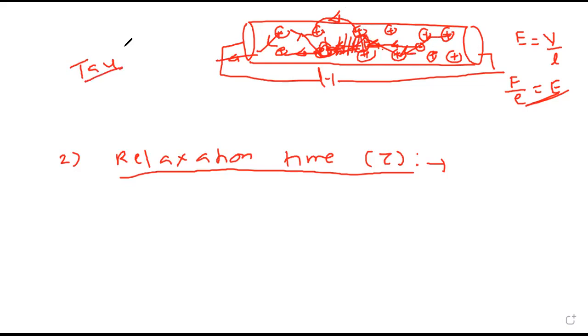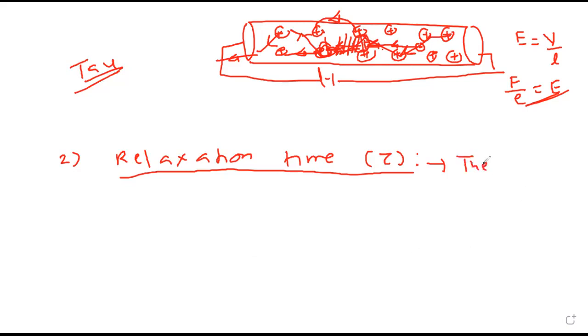So between successive collisions, the time interval is called relaxation time. Generally, we don't take time for only one collision, but we take total relaxation time as the average time interval between successive collisions.